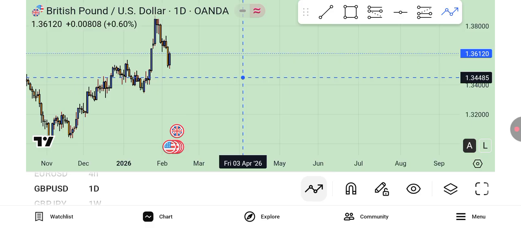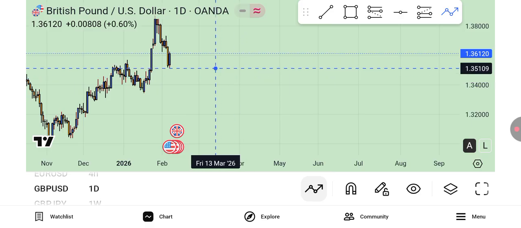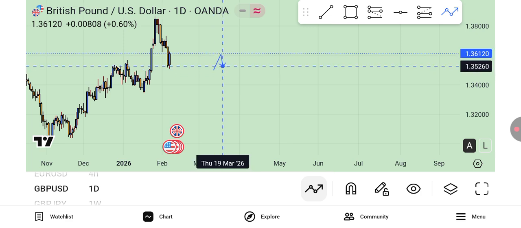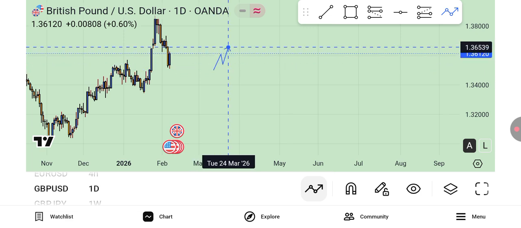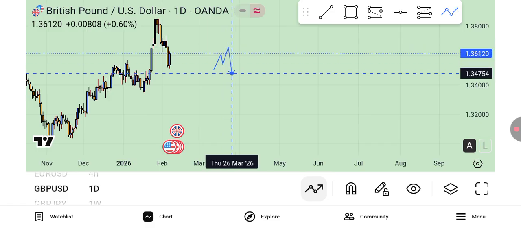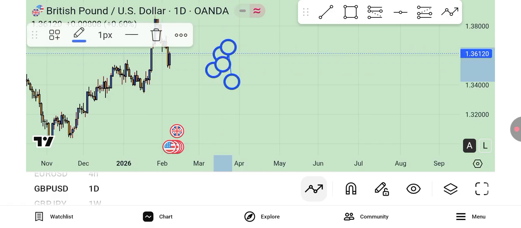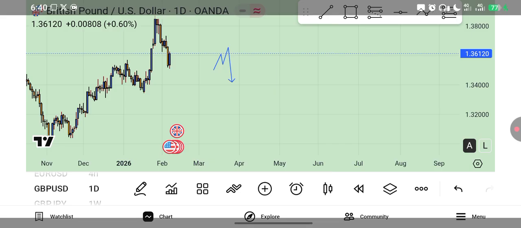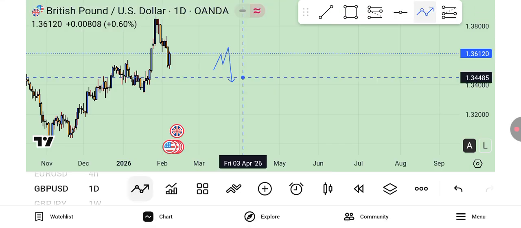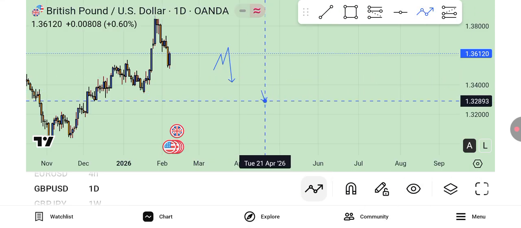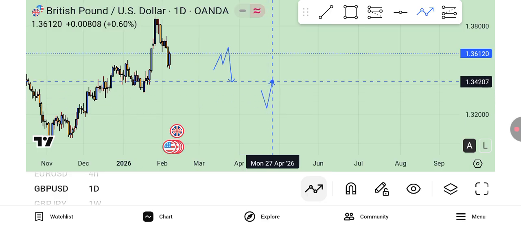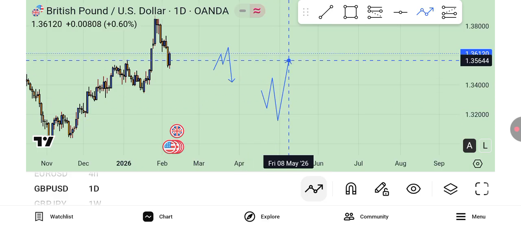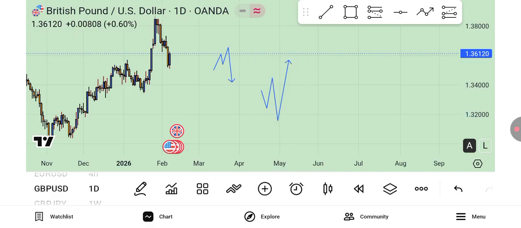When I'm talking about strong high, what does this mean? You see this pattern? That's what I call strong high. So what is my strong low? I believe you can see that.